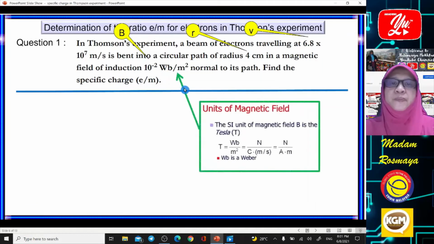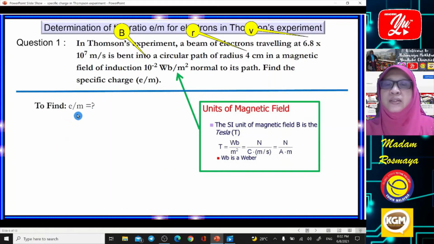And this is B. Besides Tesla, the unit can also be seen as Weber per meter squared. It's the same thing. So the magnetic field unit can be Tesla or can also be written as Weber per meter squared.